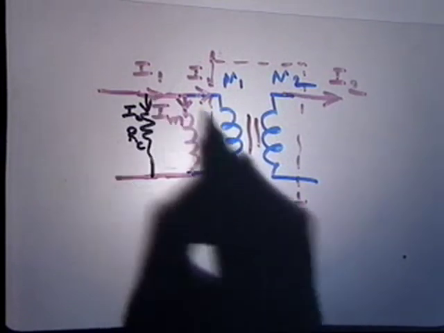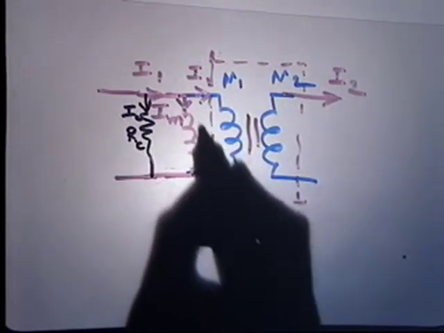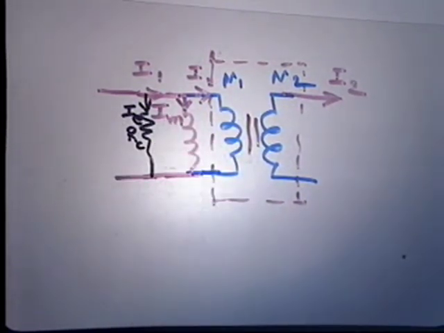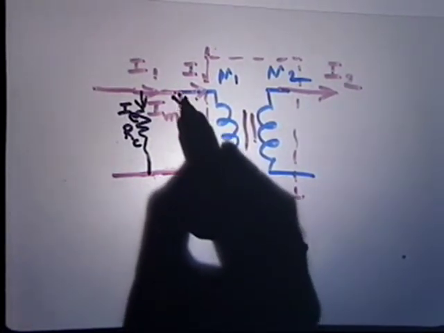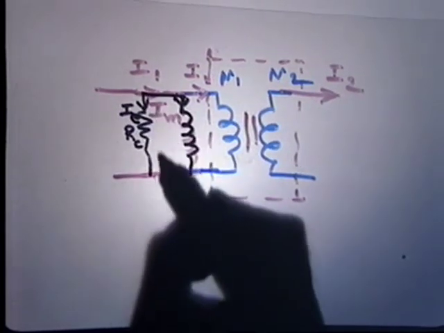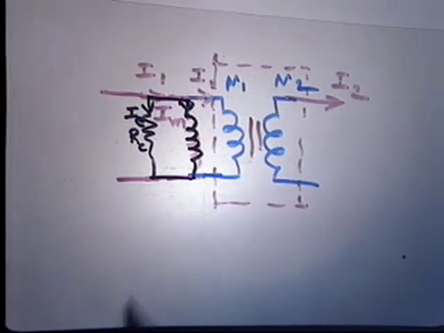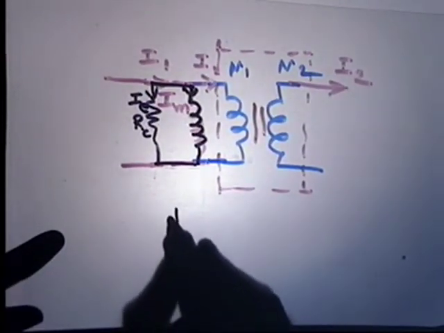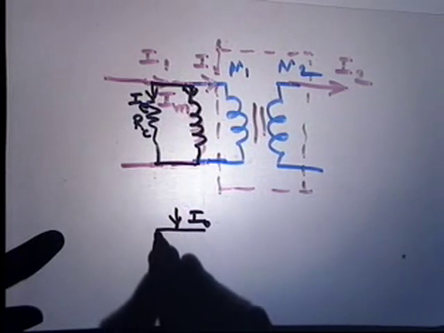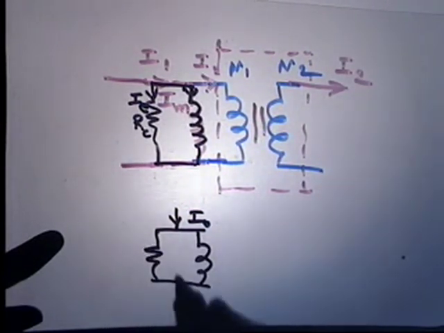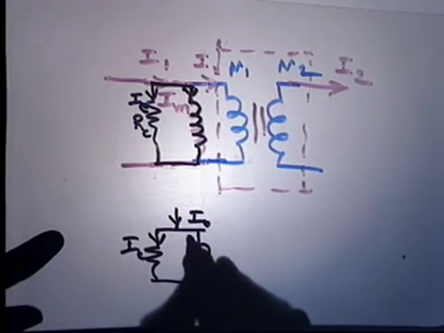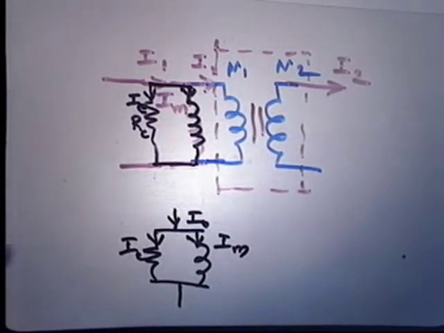So the total current that is drawn is IC and IM. In effect, what we are saying is there is an I naught that is drawn like this, IC and IM, that you are adding into this network.